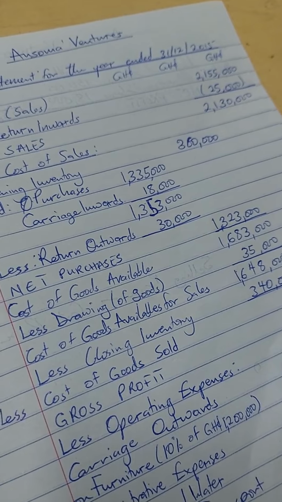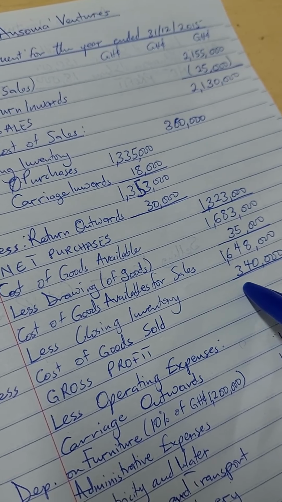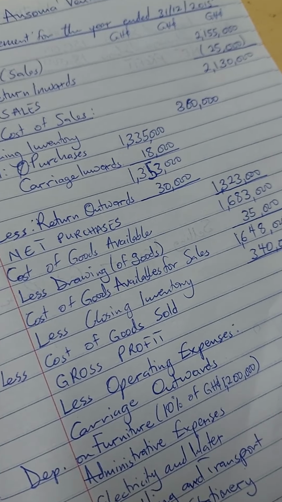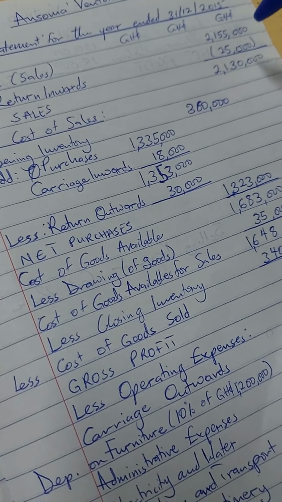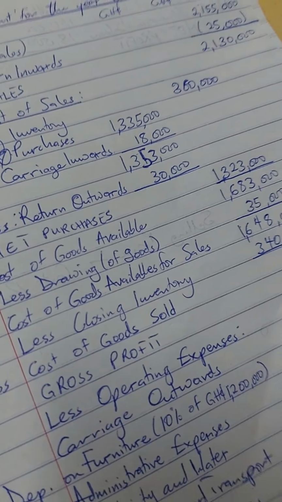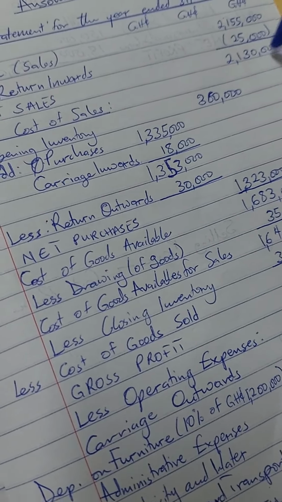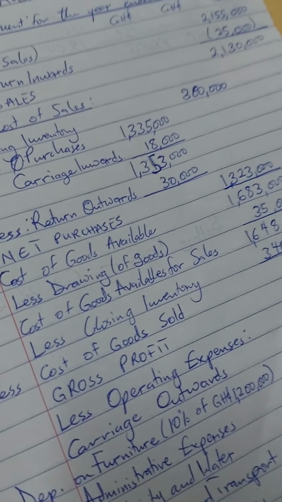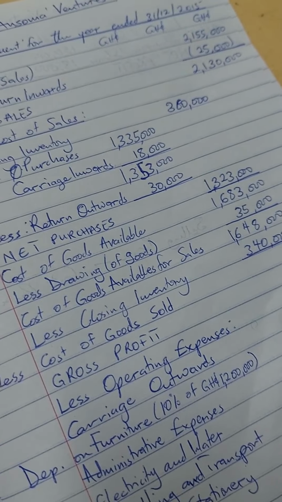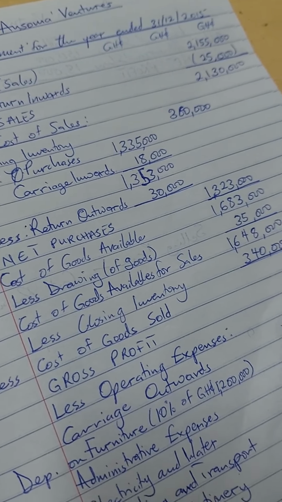So sometimes you see that they write the cost of goods sold here and add wages before they subtract the total from the net sales. That's what they call cost of sales. But here we don't have wages in the question. Wages is different from wages and salaries. They are two different things.